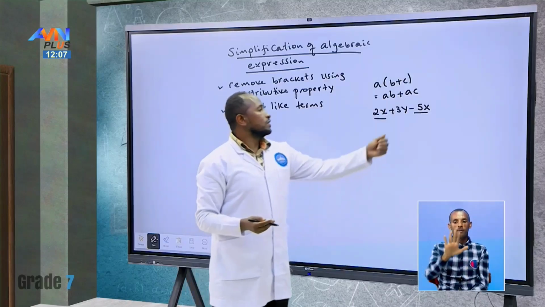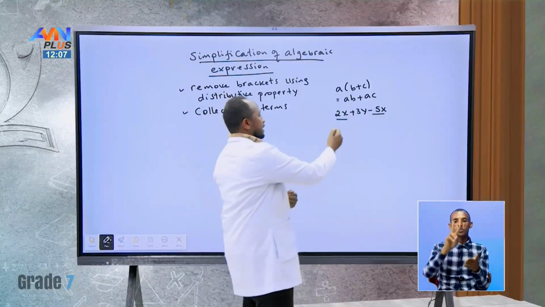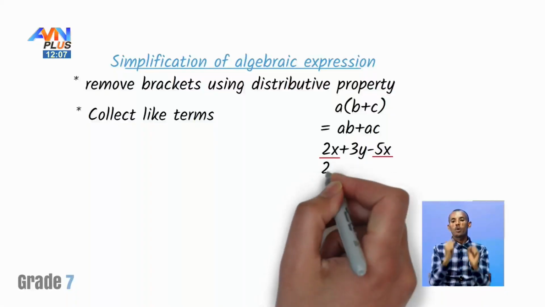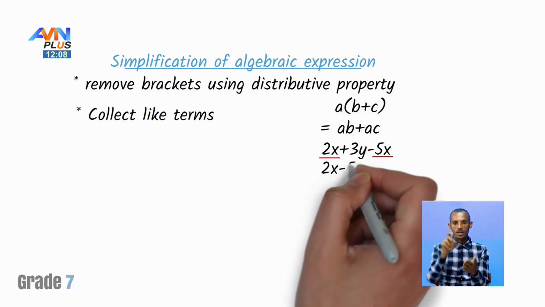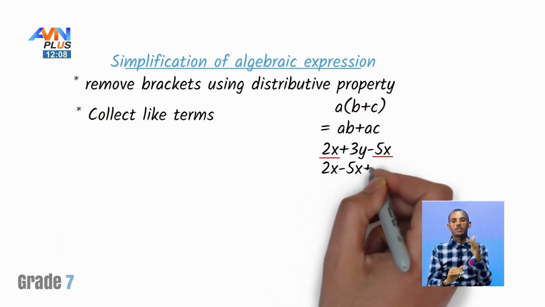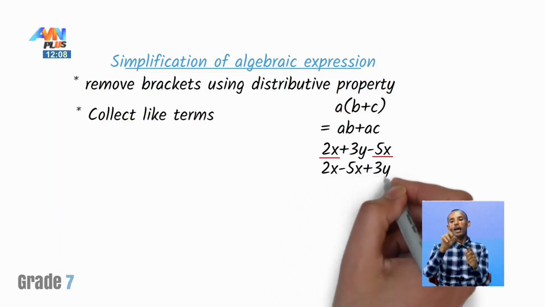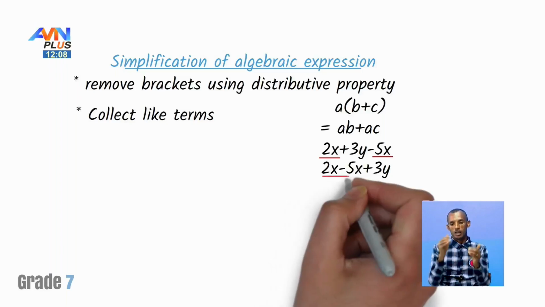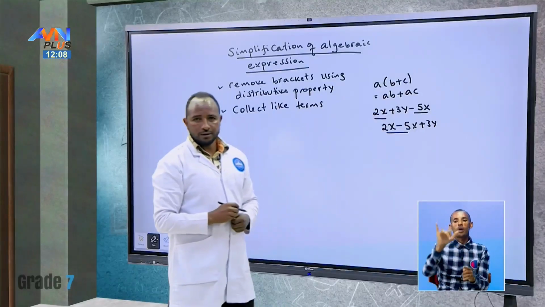So you collect these two together. You can write 2x minus 5x together, and plus 3y on the other side. You put like terms together.